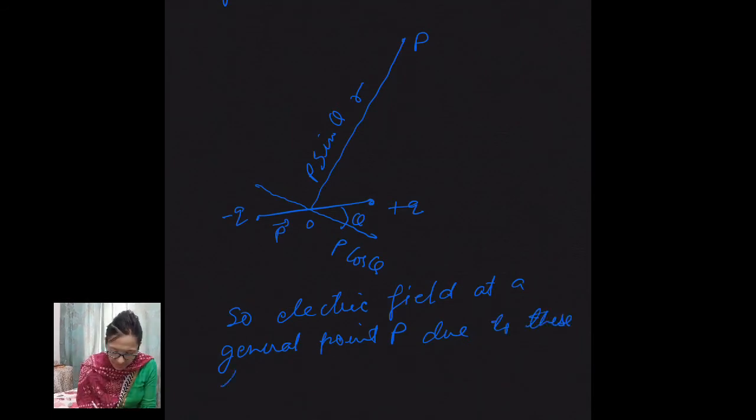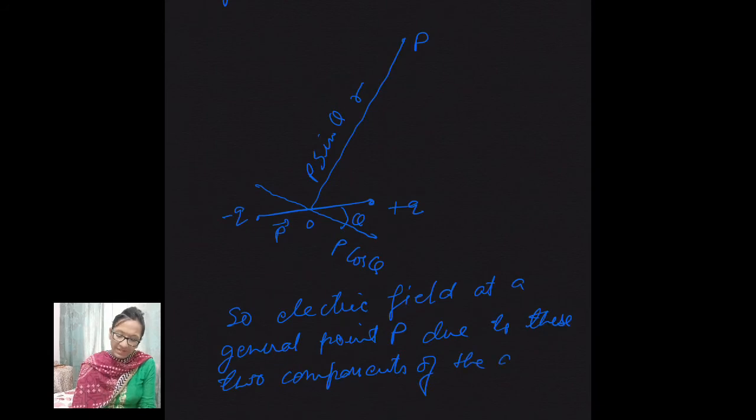One is along this direction, and due to this dipole component you have an electric field along the axial direction. Let that electric field be E axial. And let us resolve the dipole moment into another component, along the direction perpendicular to OP, which will be p sin theta.